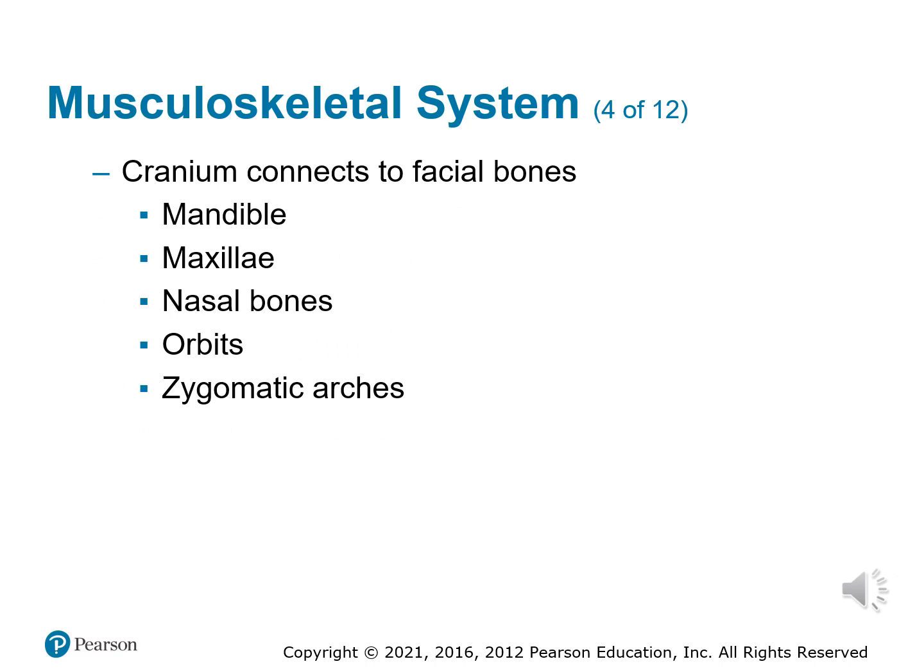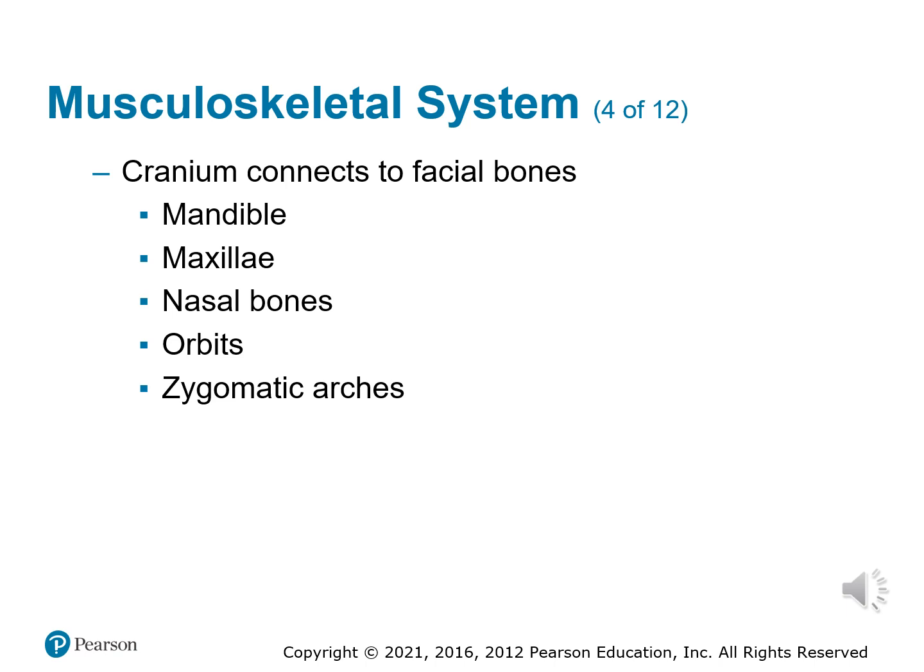The cranium connects to the facial bones, including the mandible, which is the lower jaw, and the maxillae, which are the fused bones on the upper part of the jaw. Then you have the nasal bones, which provide some of the structure of the nose, and these bones form the facial structure.